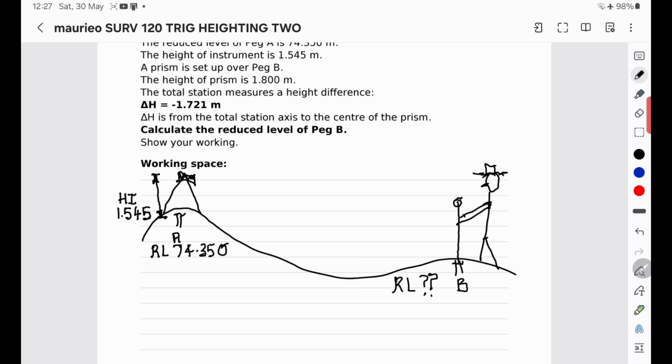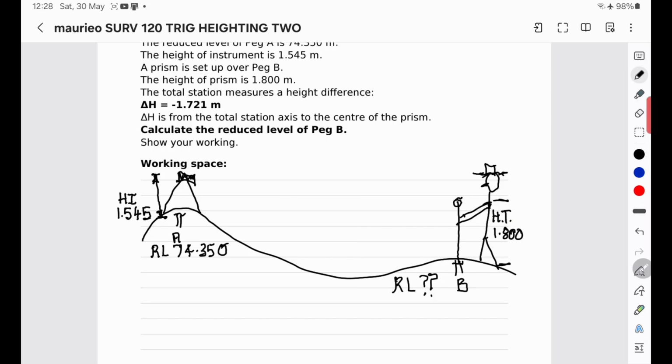And the height of the prism, which we'll put over here just out of the way, prism height 1.800, and we call that HT, height of target there.